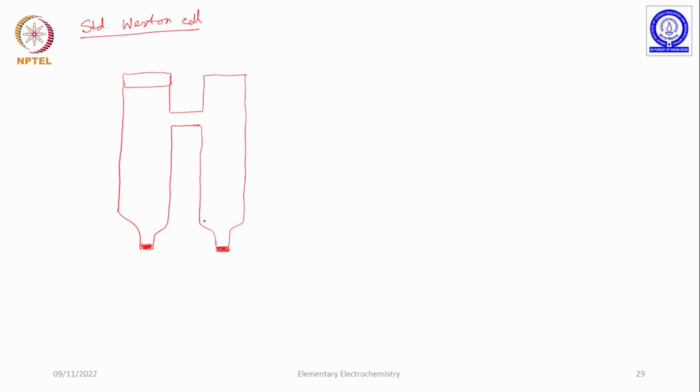So, at the bottom on either side you have platinum electrodes. On the left hand side, at the bottom you have Hg, that is mercury liquid. On the right hand side you have cadmium amalgam, which is also a semi solid liquid substance.